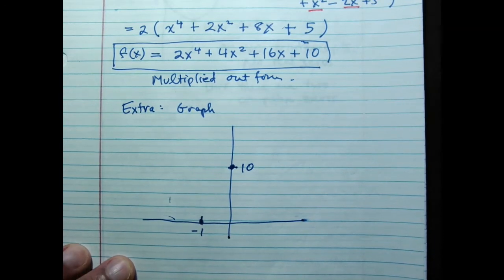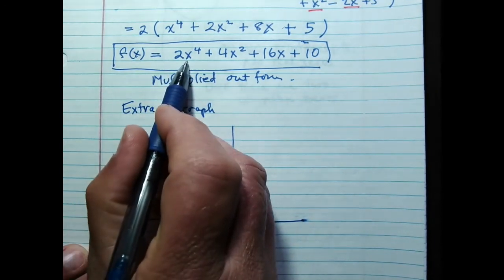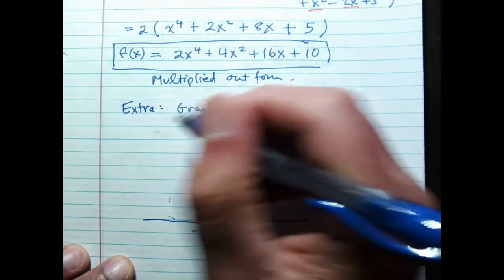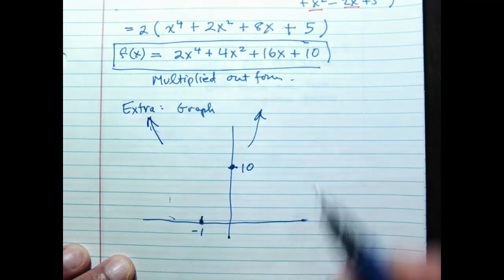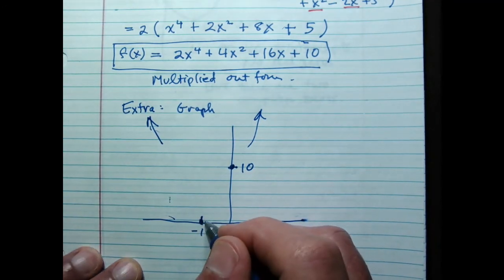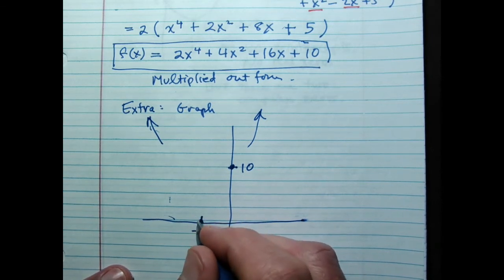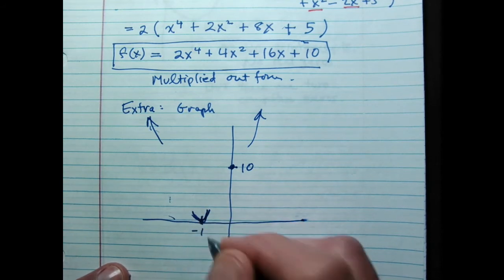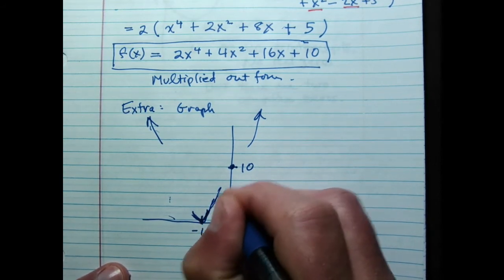We know the end behavior is like y equals x to the 4th, so we know at each end the graph is just going upward. And we also know we have a 0 of multiplicity 2 at -1. So the graph does not cross the x-axis there. We just sort of have this U turning around shape.